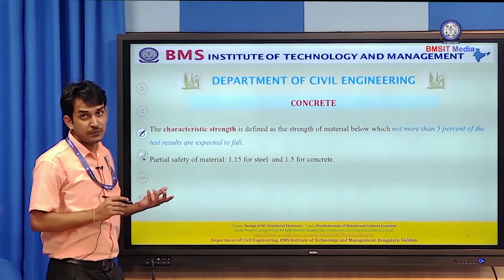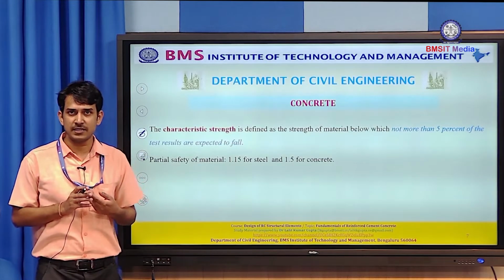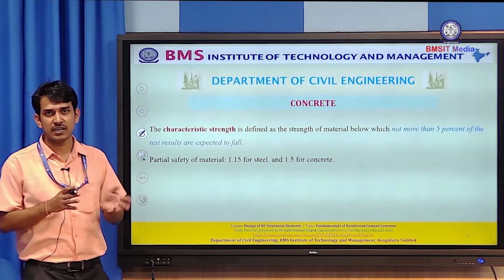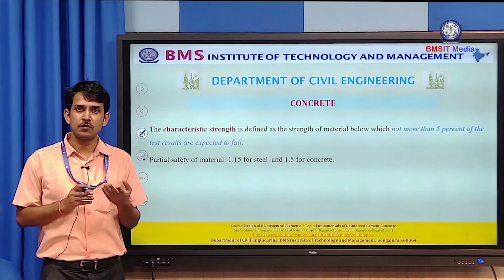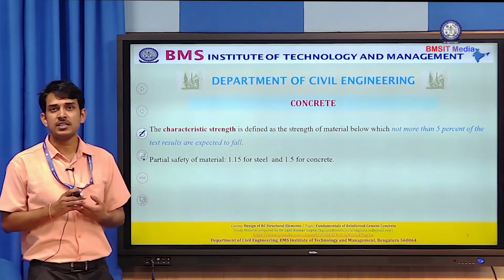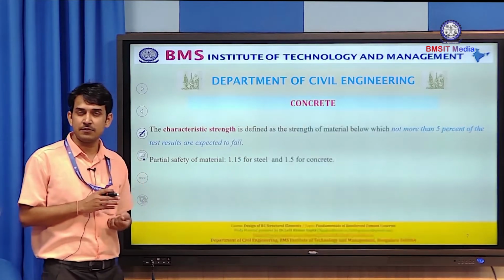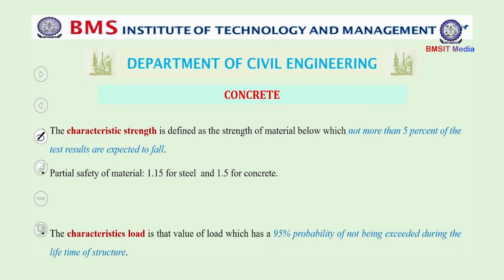After that we have the various methods. Now we are using the limit state method. In further classes we will discuss the various methods and their drawbacks. In the limit state method, which we use at present, we have partial safety factors. For concrete we have a partial safety factor of 1.5, and for the reinforcement steel that value is 1.15.